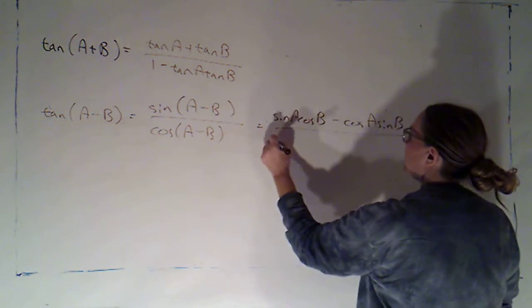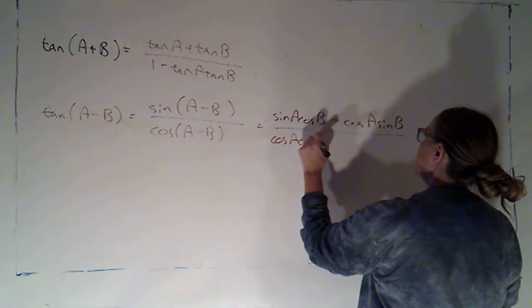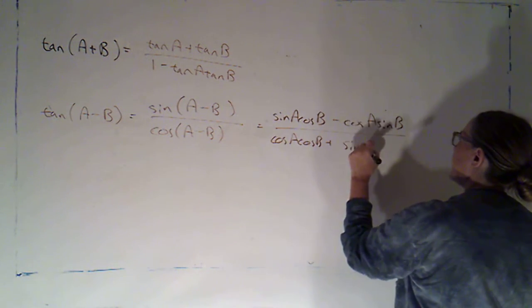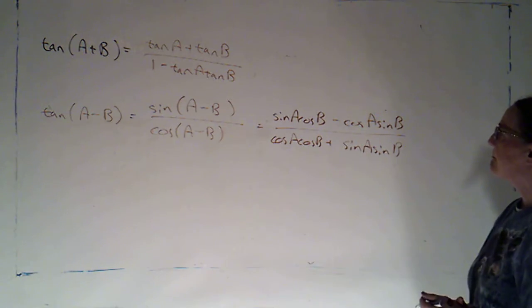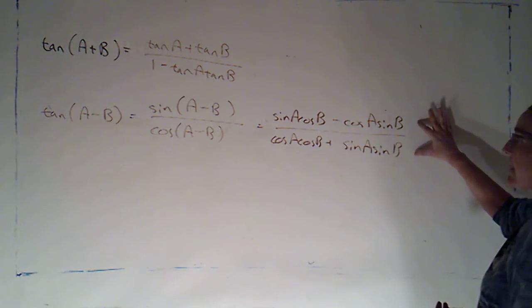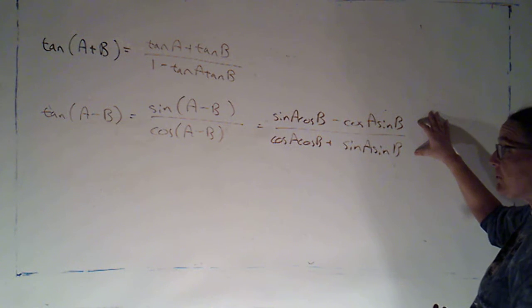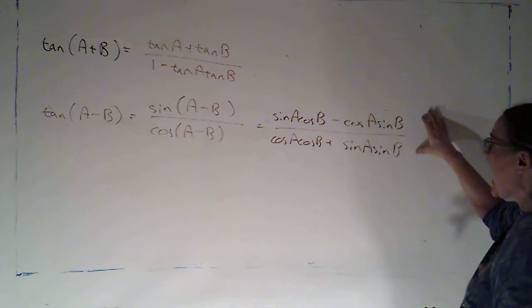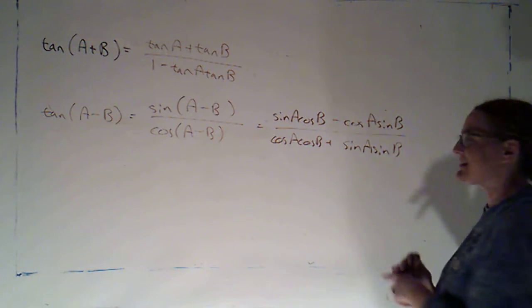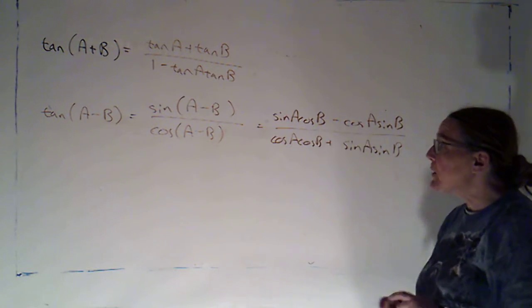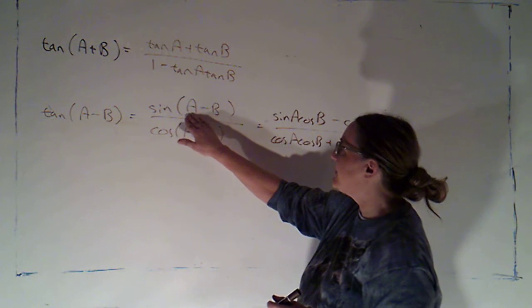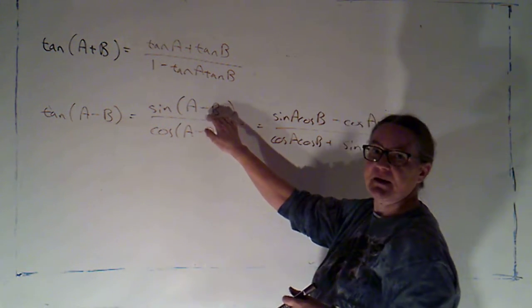And cosine of a minus b is cosine a cosine b plus sine a sine b. So that's just applying the difference formulas for sine and cosine. I used the shortcut that they're the same as the sum formulas, but with the sign between the terms reversed, although you can always derive it by rewriting it as sine of a plus the opposite of b.